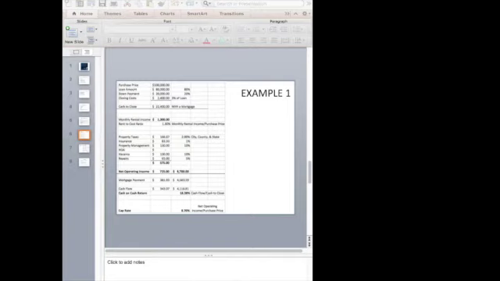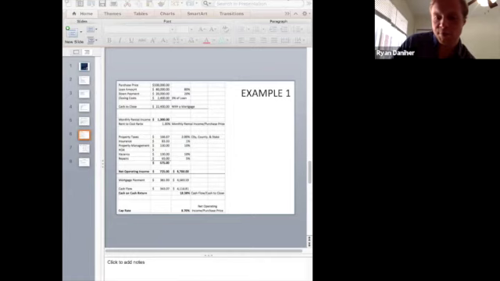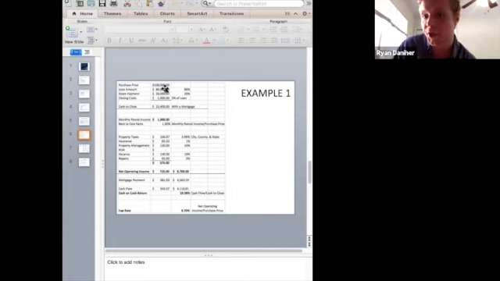Ryan, I have a question. What happens when the closing cost is rolled into the mortgage? That's a good question. In that scenario, the loan amount would increase and the cash to close would decrease.